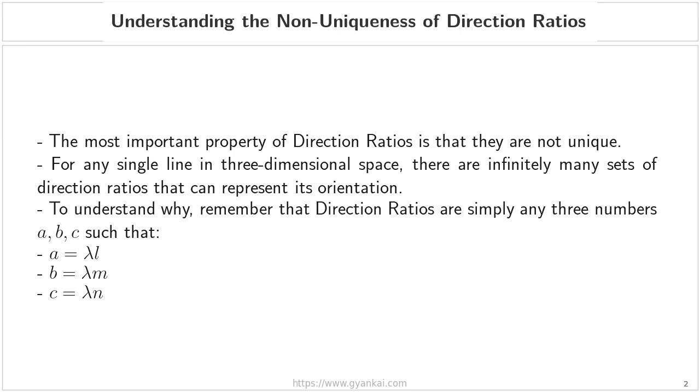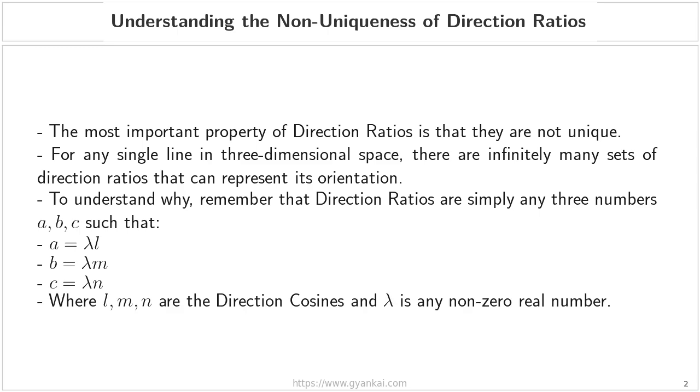To understand why this happens, let's look at the underlying math. Remember from our previous discussion that direction ratios, which we can call a, b, and c, are derived from the direction cosines, which we call l, m, and n specifically. We can say that a equals lambda times l, b equals lambda times m, and c equals lambda times n. In this equation, lambda represents any non-zero real number.